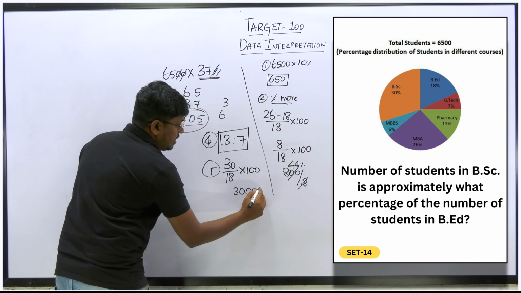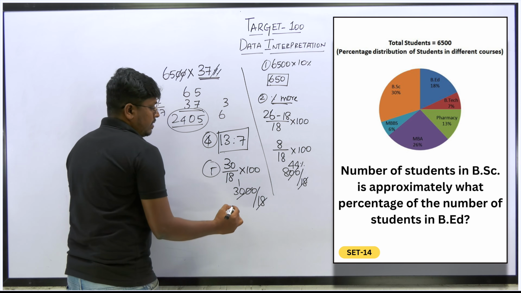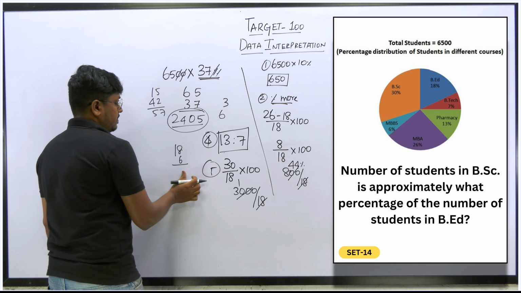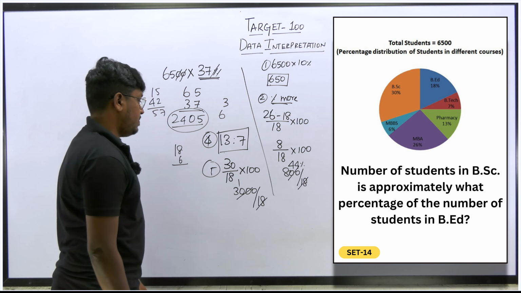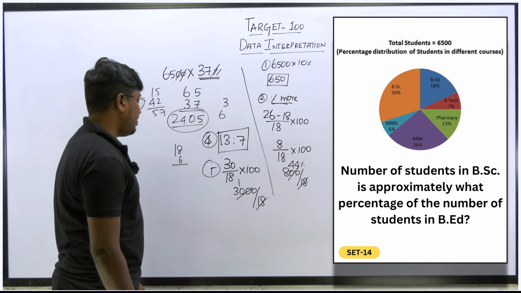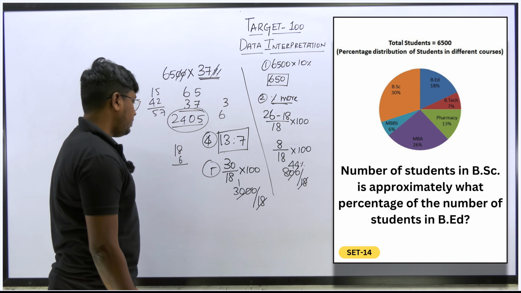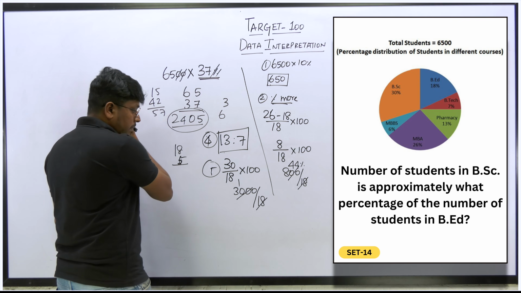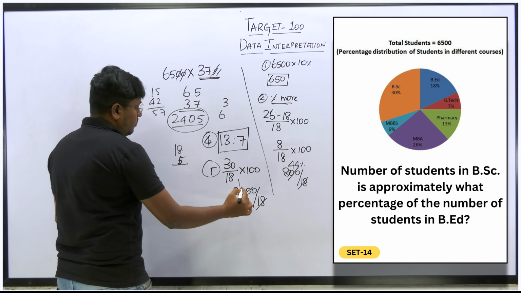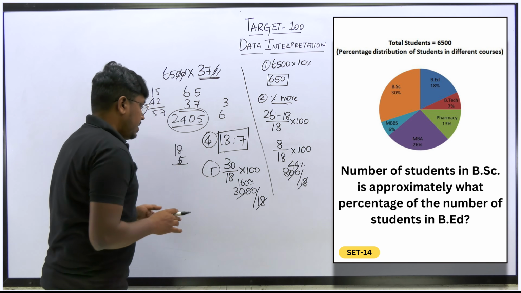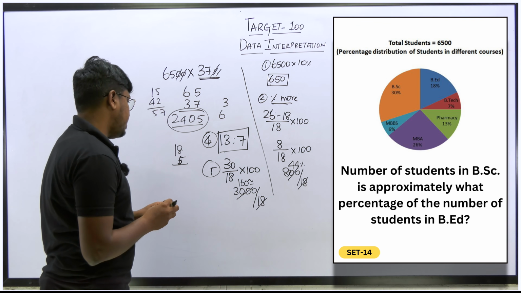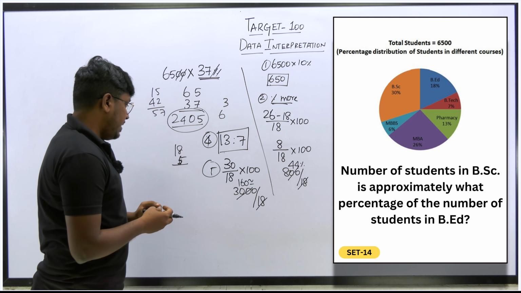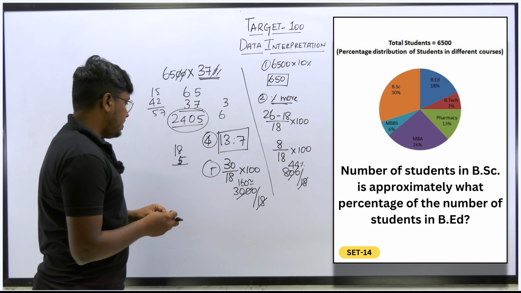So this will be 3000 divided by 18. We need to find an approximate answer. 18 1s are 18, the remainder will be 12, so 120.